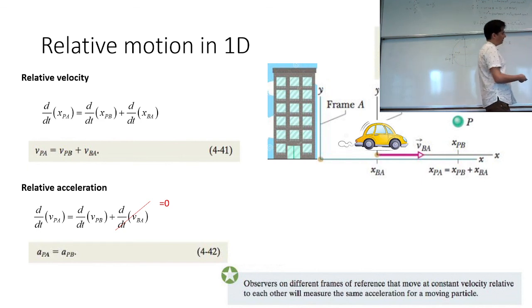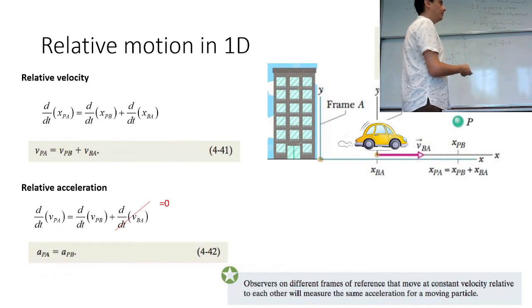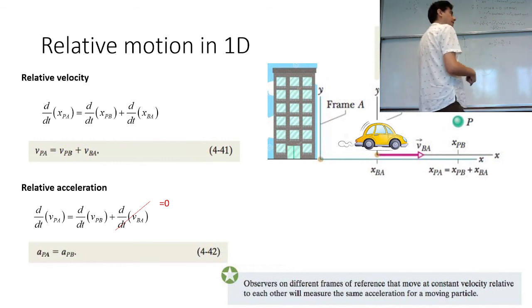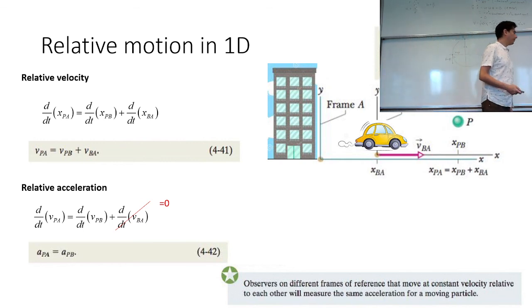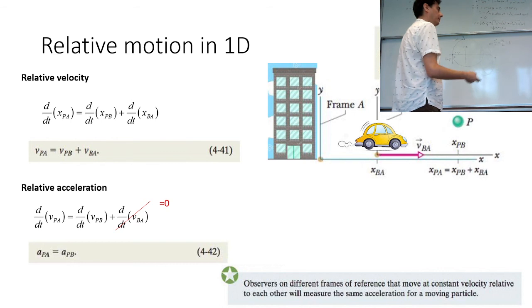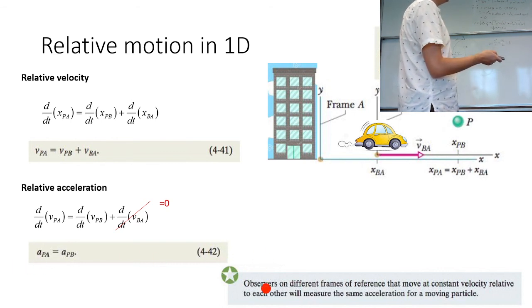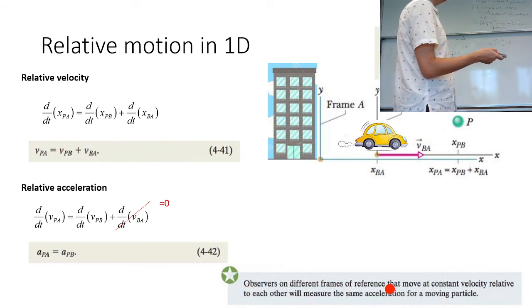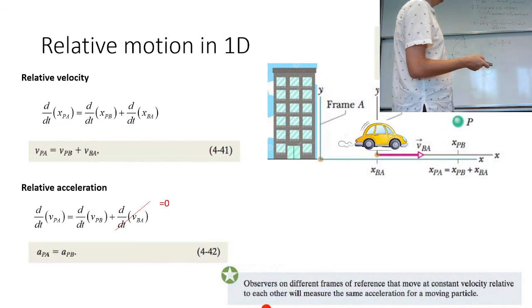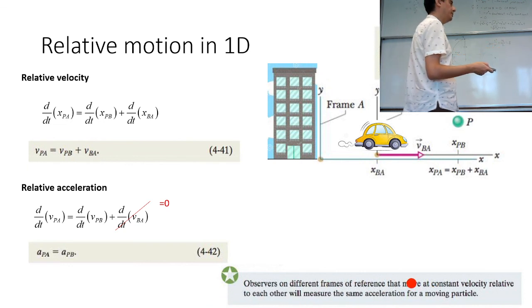So in fact, the acceleration of the particle would be measured to be exactly the same for both frames. So you can read that as a statement: observers on different frames of reference that move at constant velocity relative to each other will measure the same acceleration.